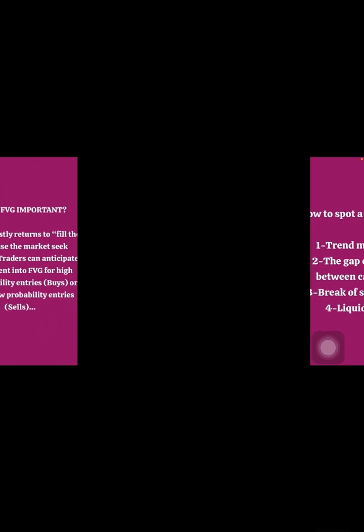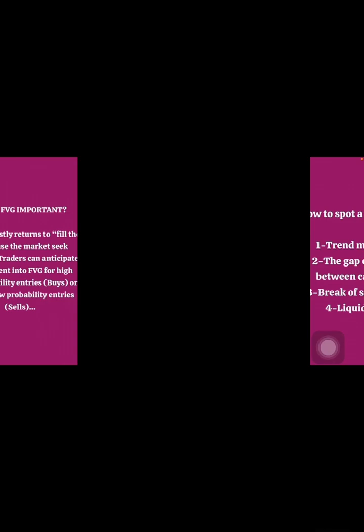Then let's go for more example. This is also a sell side FVG, a sell side fair value gap. And then here is a buy side fair value gap. As you can see, it is well explained in detail. Your first candle, second candle, third candle, and the space between the first and the third candle, that's your FVG.